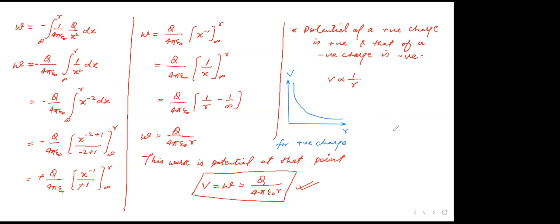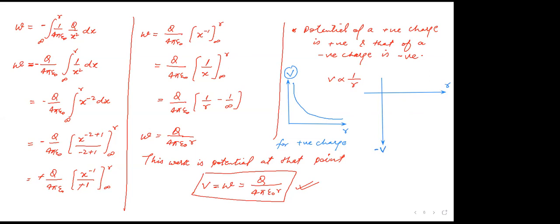When your charge is negative, how can you do it? Then you can look here again. This is your axis of R. Along the upward direction, it is your plus V. Along the downward direction, it is your minus V. Do you understand, Nawal?